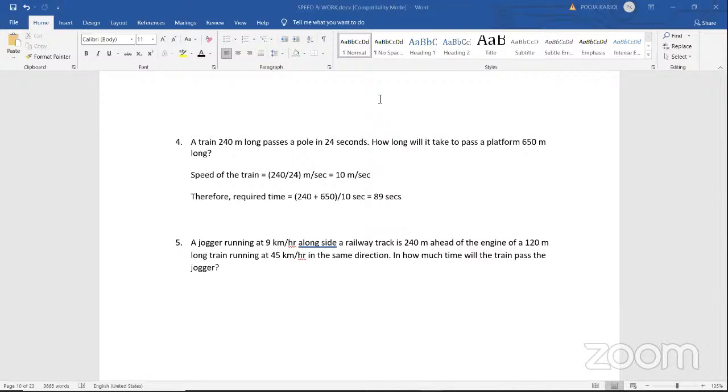Have you guys converted the kilometer per hour and the meters all into one unit? 36 seconds. Yes, 36. Correct.